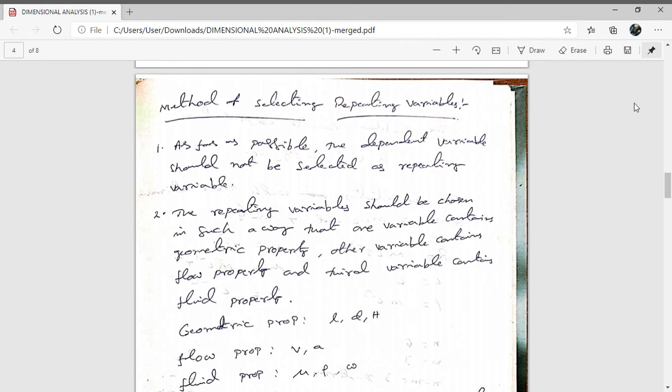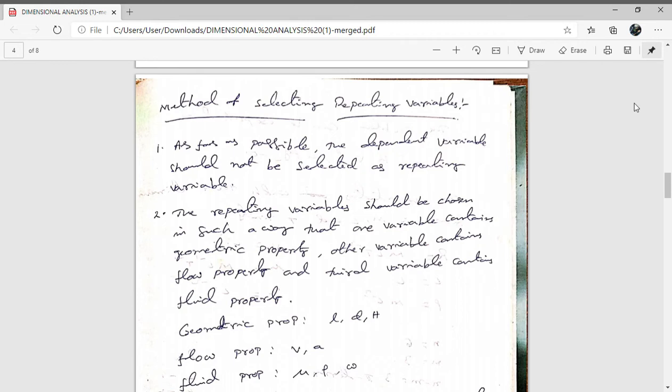Geometric property means either length, diameter or height. These dimensions come under geometric property, so we can take one of them as a repeating variable.